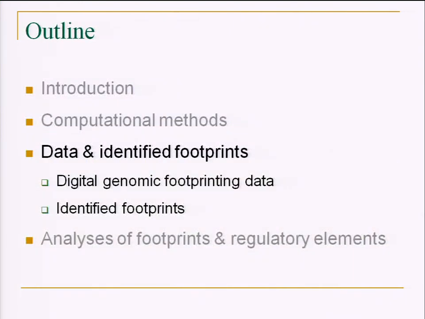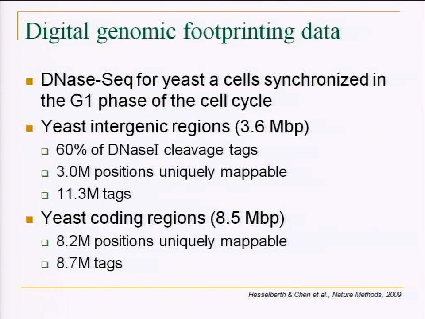Let's describe our digital genomic footprint data and the footprint data from it. This data is also published in 2009. The regions span 3 million map positions and cover 2% of the genome, with intact mappable positions.